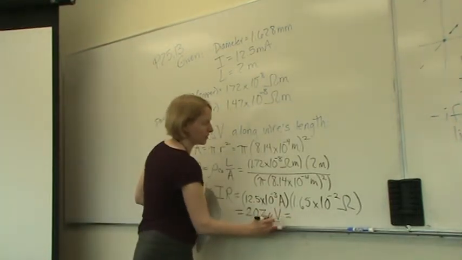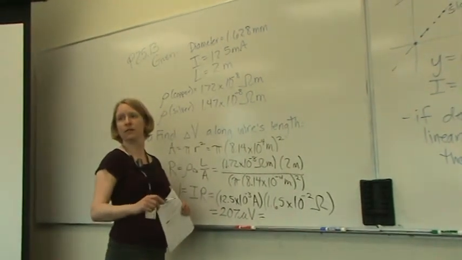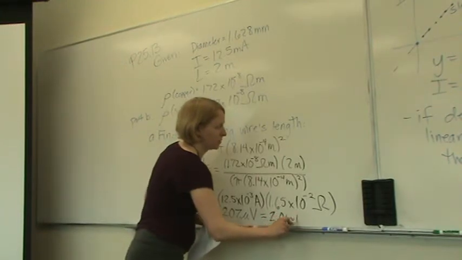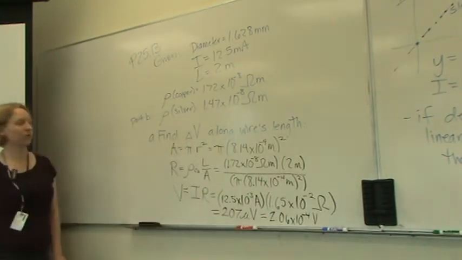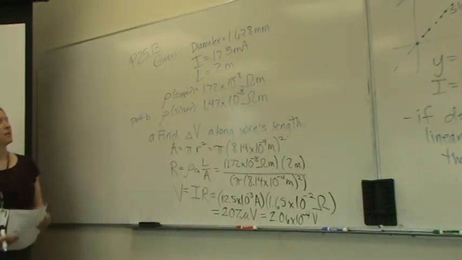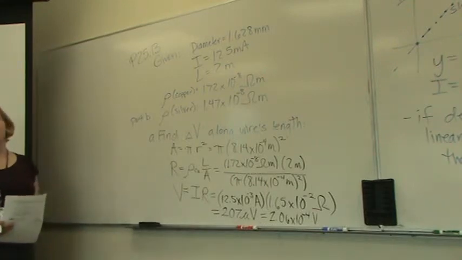What's another way to write it? Anybody else write it differently? It's 2.06 times 10 to the negative 4. Okay. Okay, both are fantastic ways to write that. Yeah, both are valid. So, Saban did this in one step.